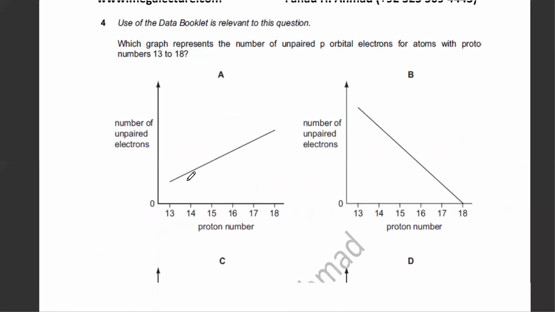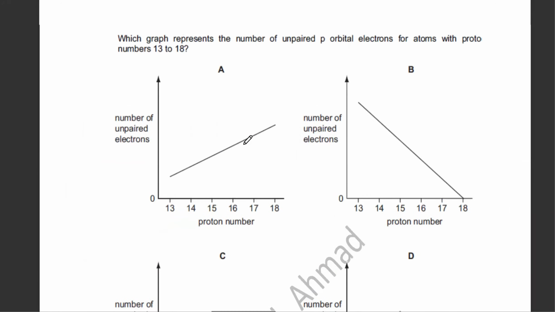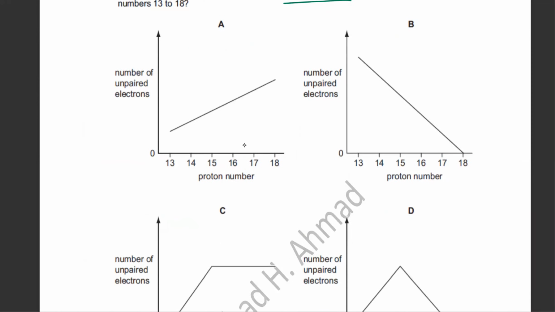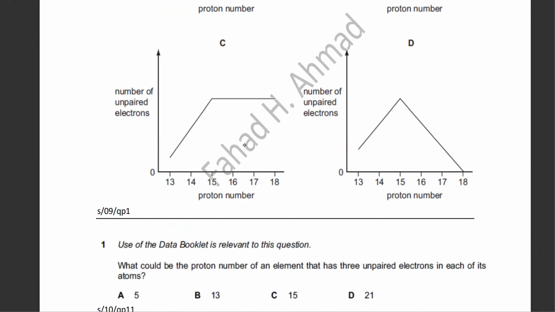Now this question is, which graph represents the number of unpaired p orbital electrons for atoms with proton number 13 to 18? Remember, he's talking about unpaired p electrons. So proton number 13, 14, 15, 16, 17 and 18.